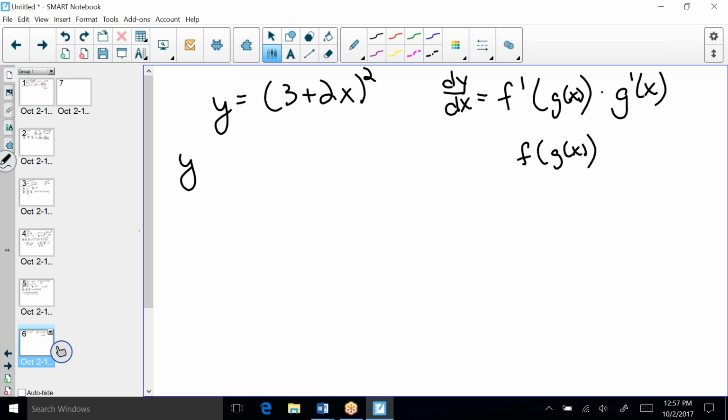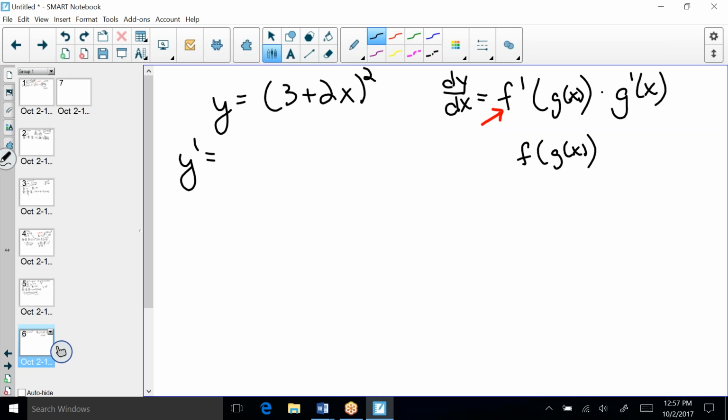All right, functional notation, y prime is equal to. We can see an inside function, 3 plus 2x, and we can see the outside, something being squared. If we want to find f prime, the derivative of the outside, this is what we find first.